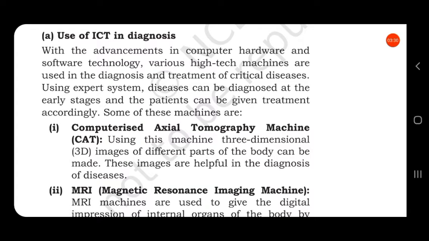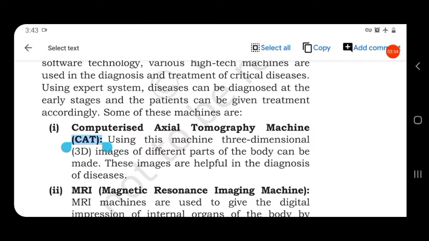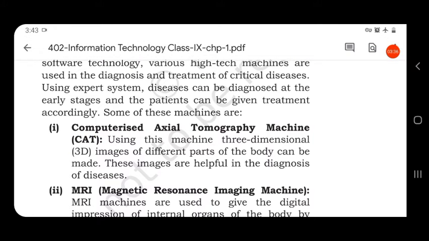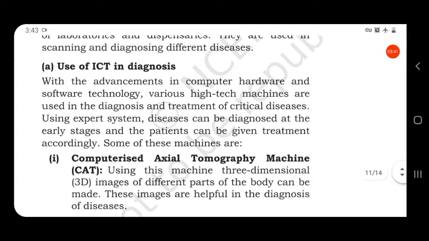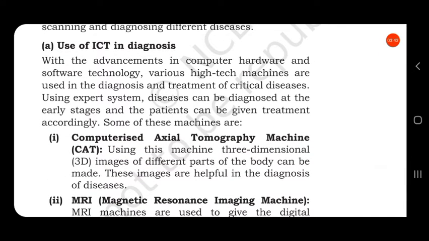Using expert system, diseases can be diagnosed at the early stage and the patients can be given treatment accordingly. That is, doctors can easily recognize which disease a patient is suffering from, and at the early stage itself it can be cured.